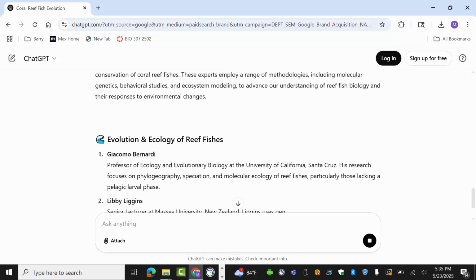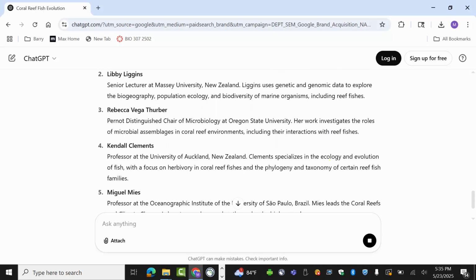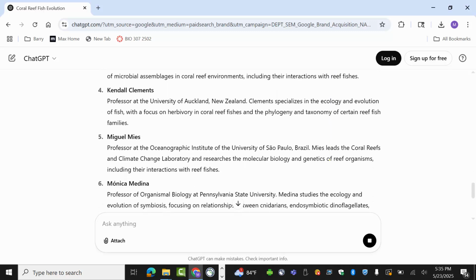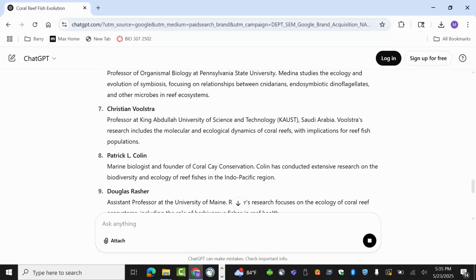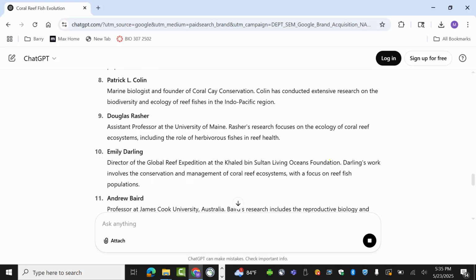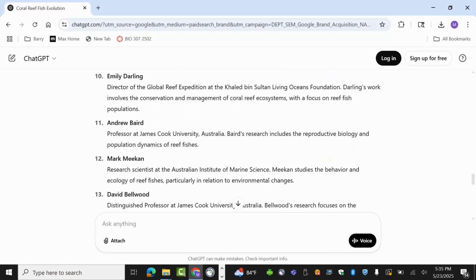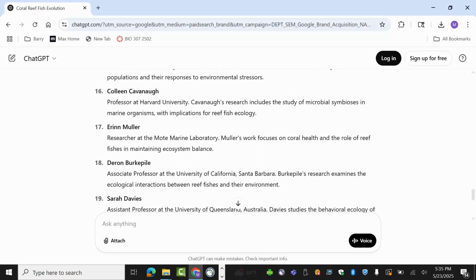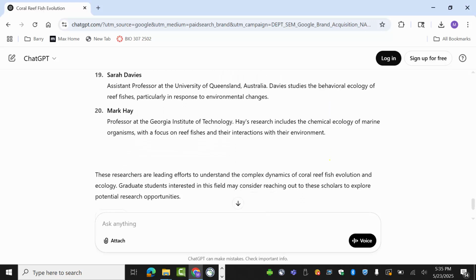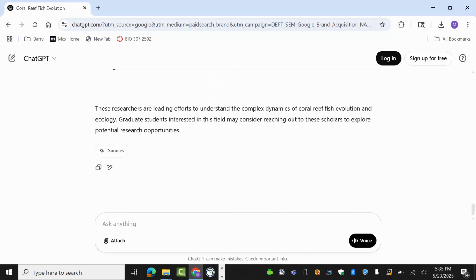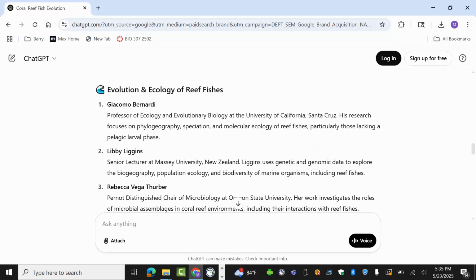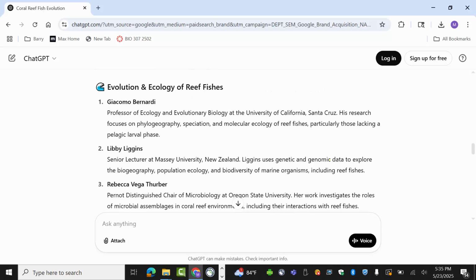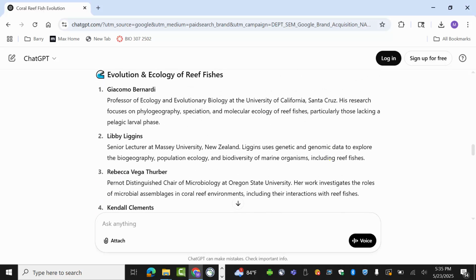Searching the web. Giacomo Bernardi again. All right, all right. Some of these people, I'm not sure who they are. There's David Bellwood again. Definitely top guy. Mark Hay. All right, again, there are some people that are missing from here, that I'm not going to tell them that they're missing.